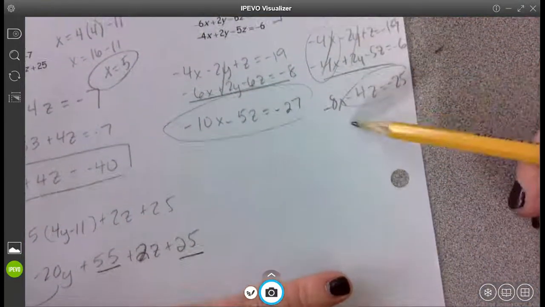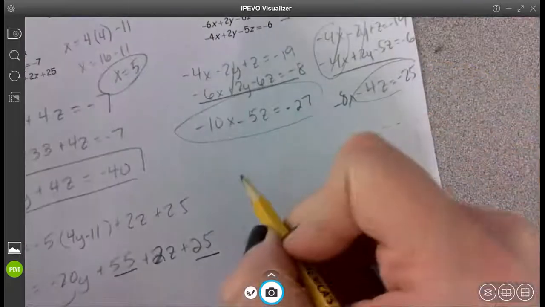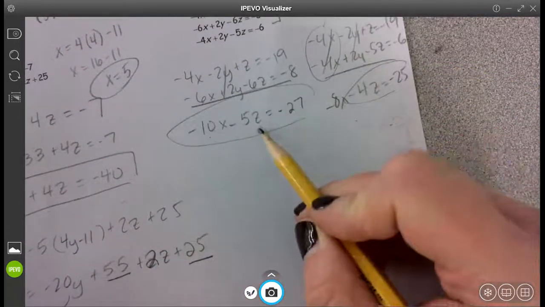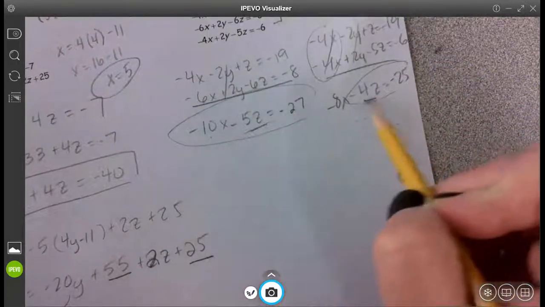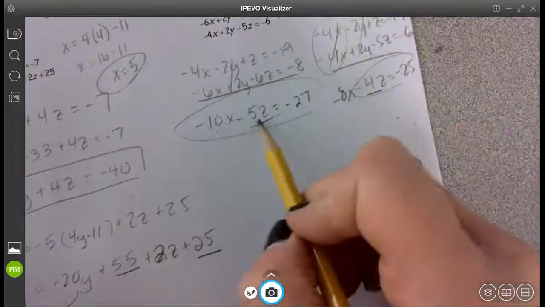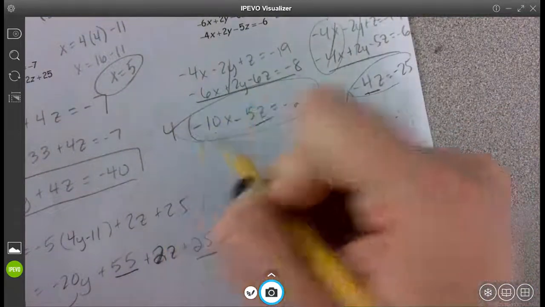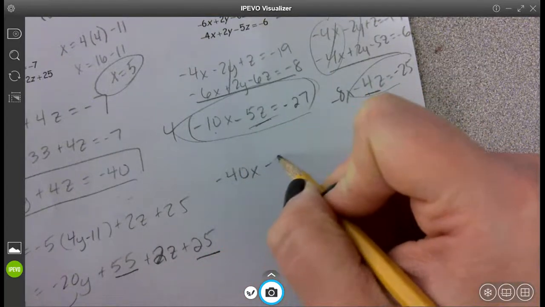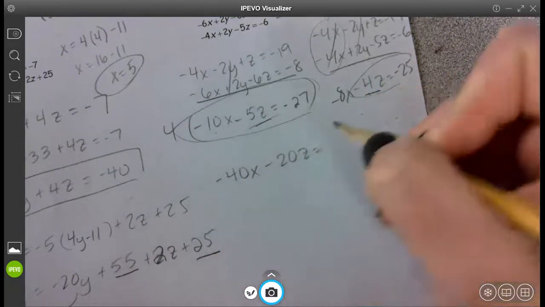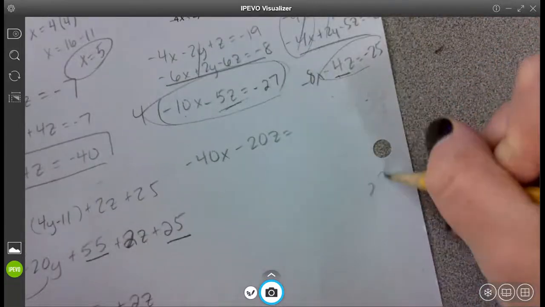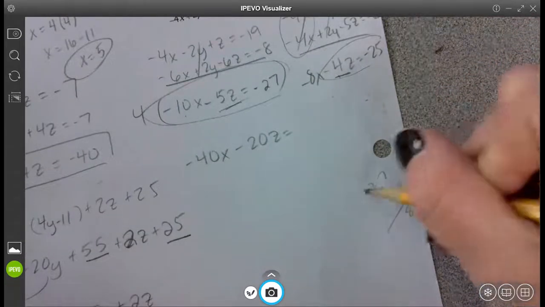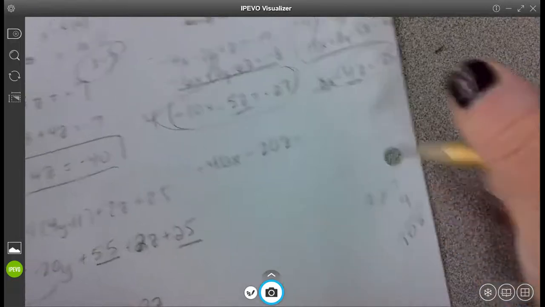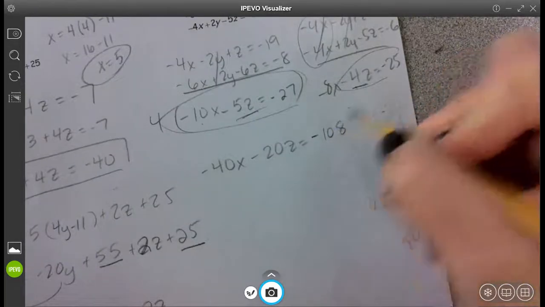-4x and -4x make -8x. That's where I went wrong. Now we have a 10x, an 8x, a 5, and a 4. If we can make the 5 and the 4 go to 20, let's do that. So let's multiply by 4 here, and we'll get -40x minus 20z equals -108.